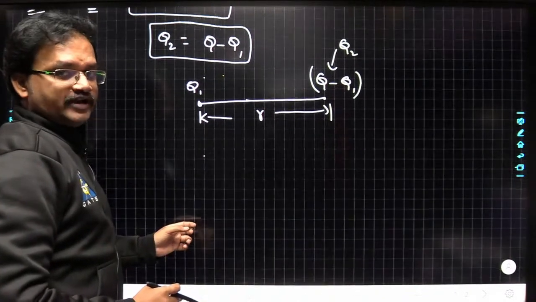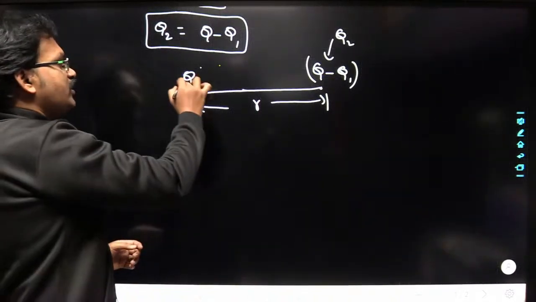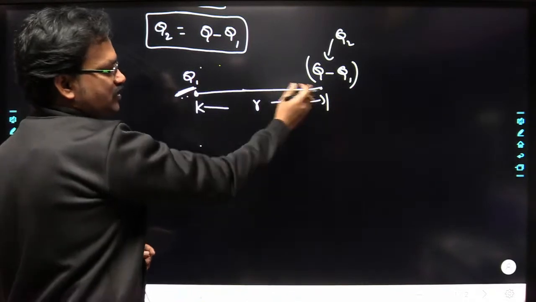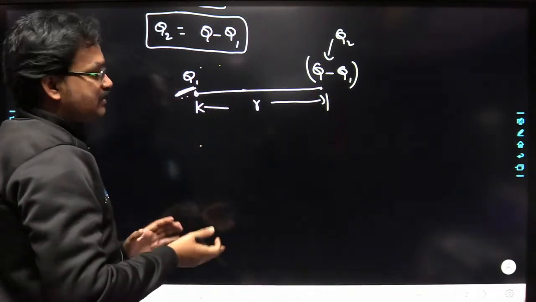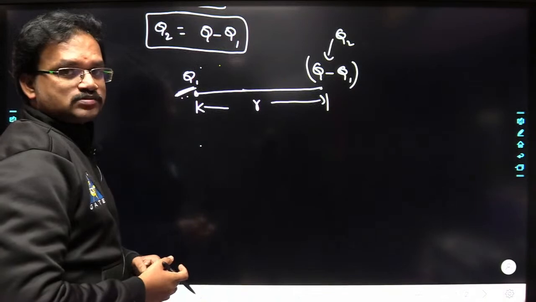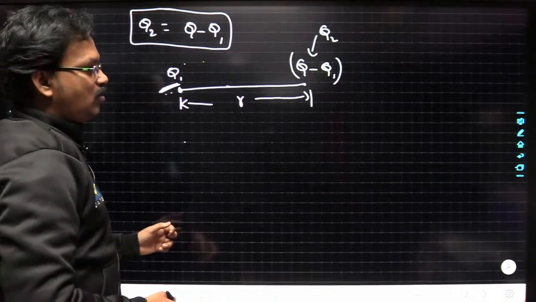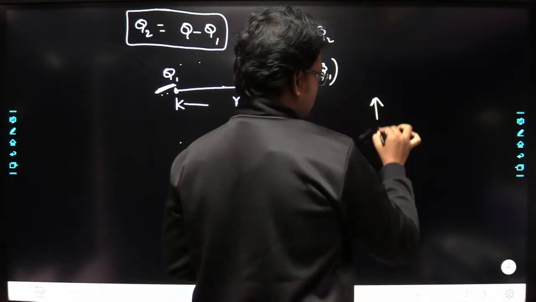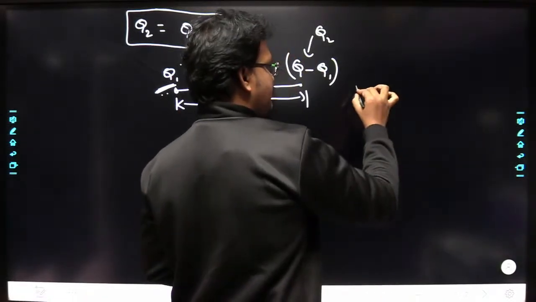That's what you have to determine here. Go on varying Q1 and determine the force between these two charges, and find out when the force will be maximum. For this, on this axis I am considering force here.